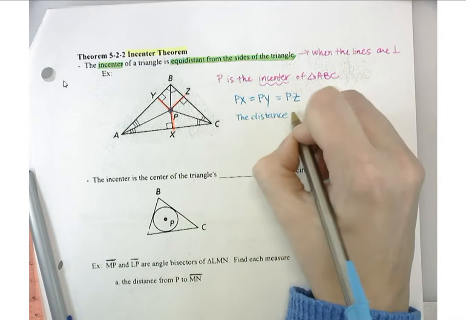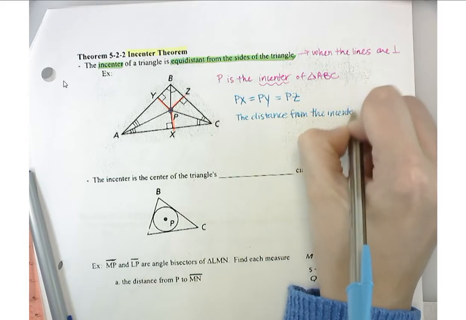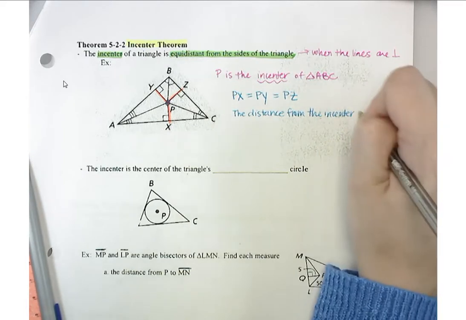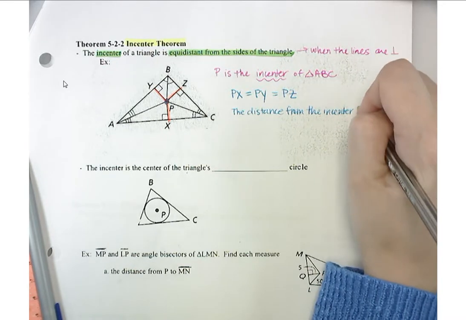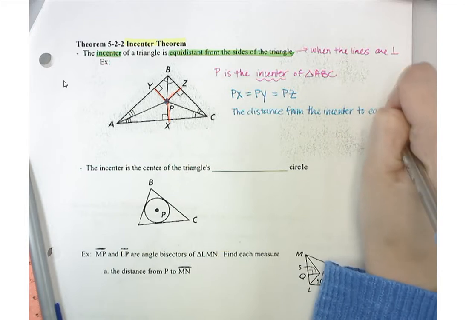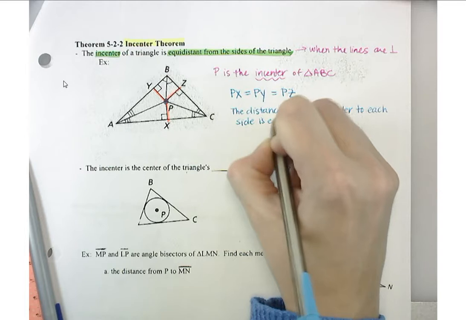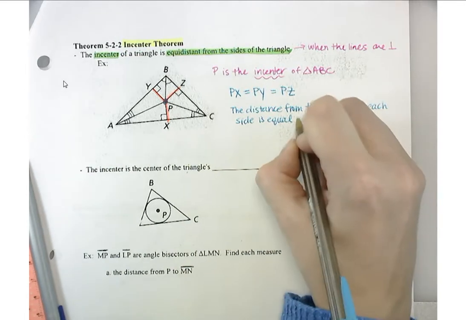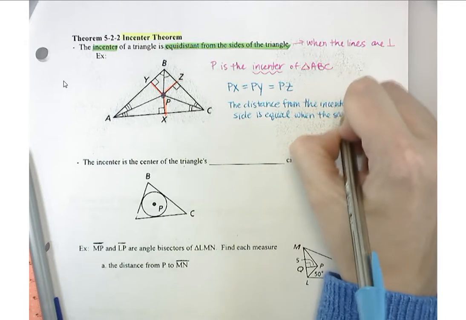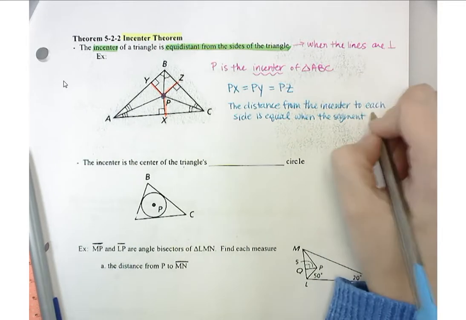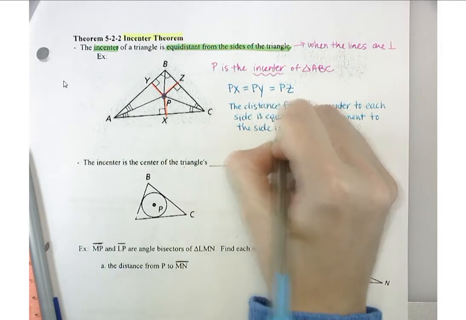So the distance from the incenter to each side is equal when the segment to the side is perpendicular.